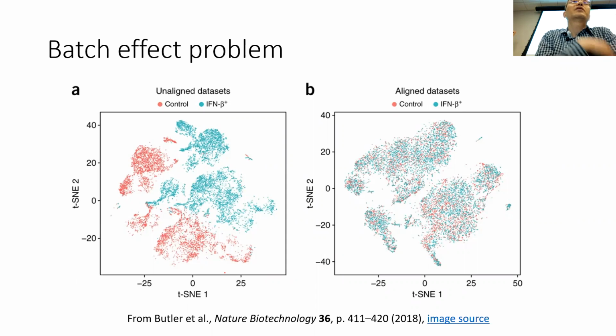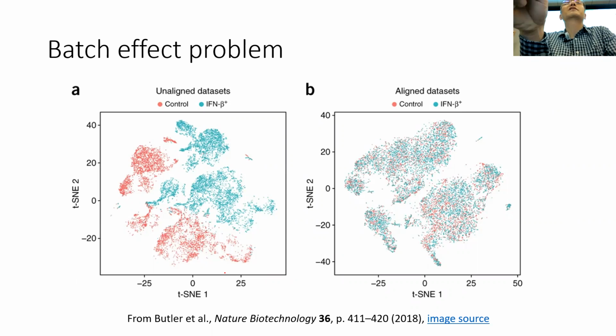Then when you see this separation of control and treatment group, you believe they shouldn't be like that, the difference shouldn't be so substantial. Then there's a justification to do the batch effects correction.